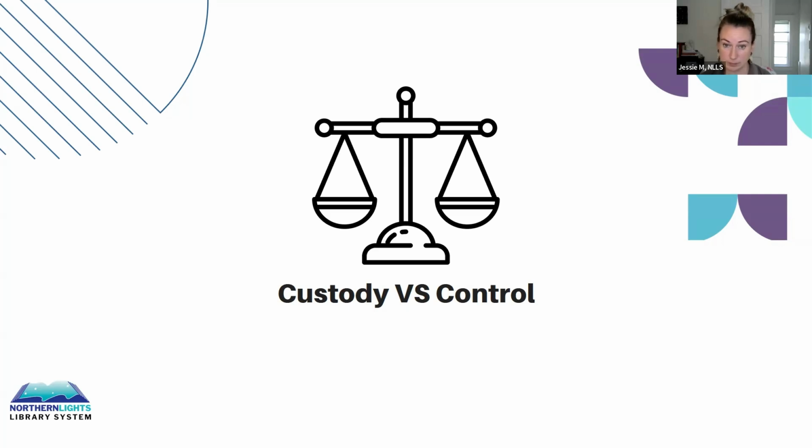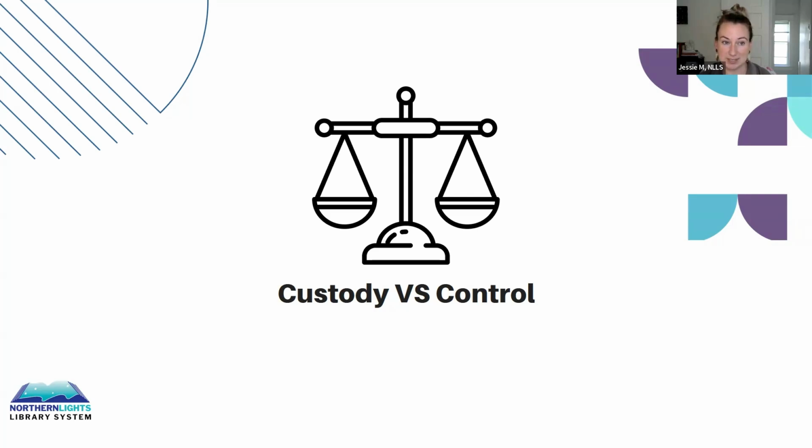For example, a public library contracts an external company to manage its integrated library system, its ILS. The records in the ILS are under the library's control because the library can access, modify, and dispose of those records, even though they are physically maintained by the third-party company. So the third-party company has custody, but the library has control. I hope that makes sense.